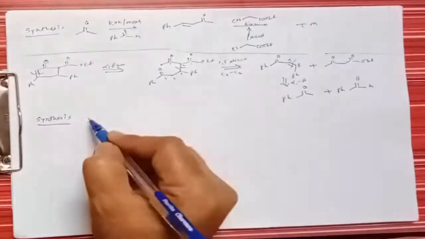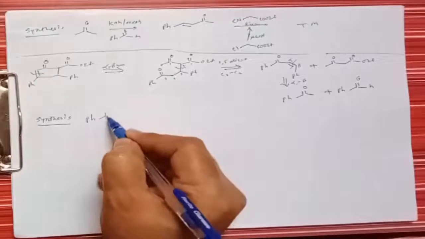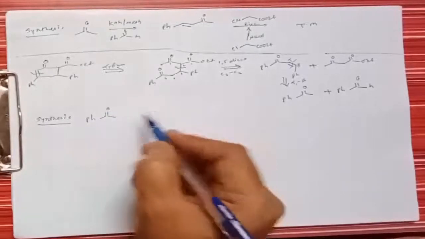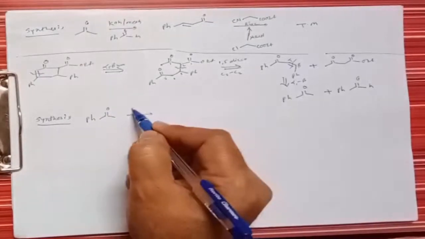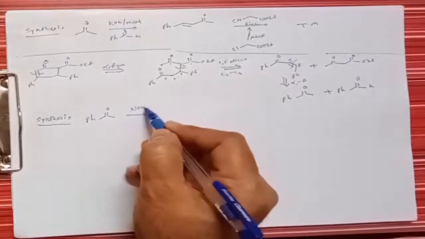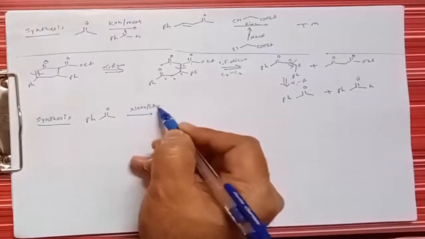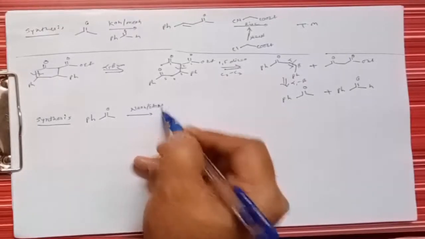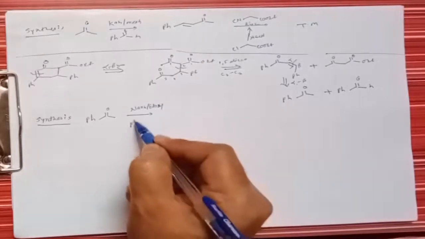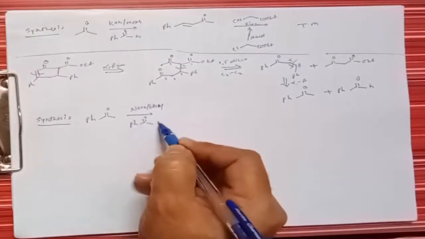In the synthesis we can take this acetophenone in the presence of a base, that is NaOH, in the presence of ethanol, EtOH, plus benzaldehyde. What does it give?